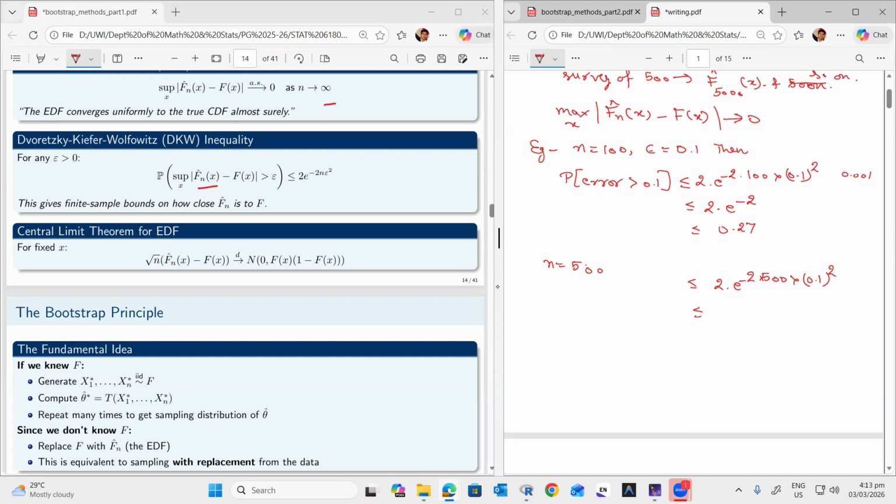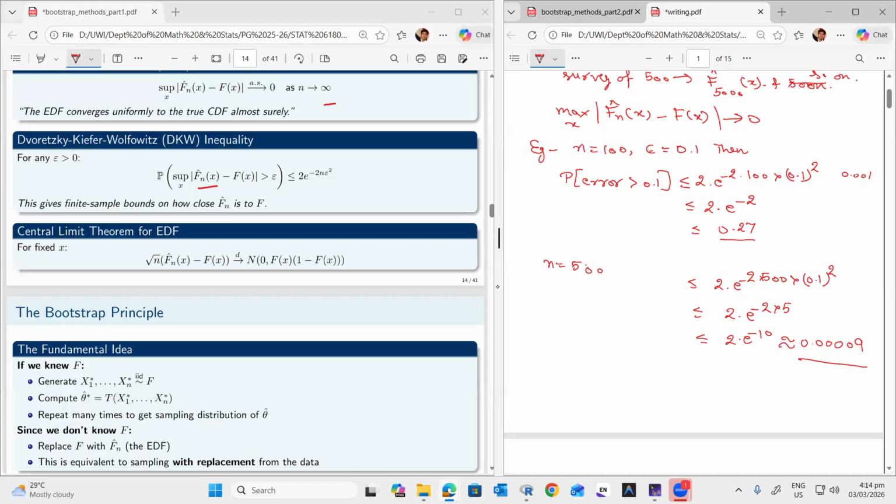All right, so it becomes 2 into e raised to the power minus 2 into 5, that is, 2 into e raised to the power minus 10, and it will be equivalent to 0.00009. All right, so if you just see, I just increased the observations in my sample, and it has exponentially decreased. Earlier it was 0.27, now it is 0.00009. That is quite low. All right, so it will exponentially decrease when you increase the sample size.